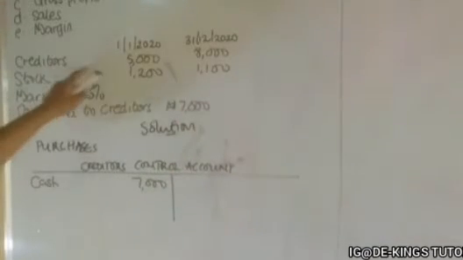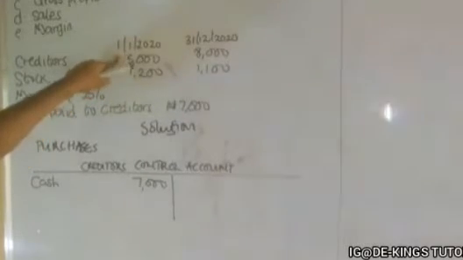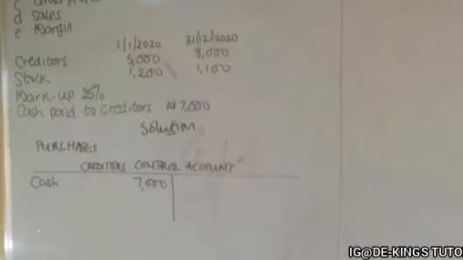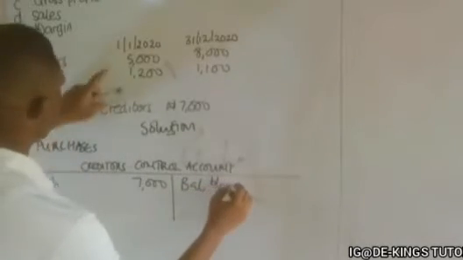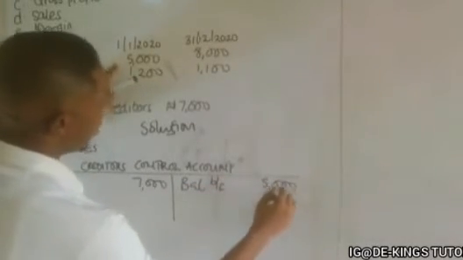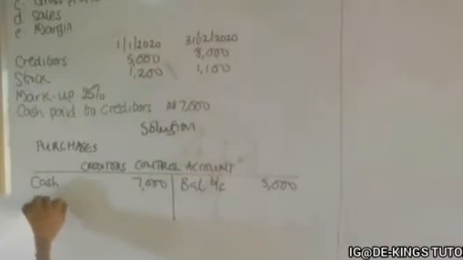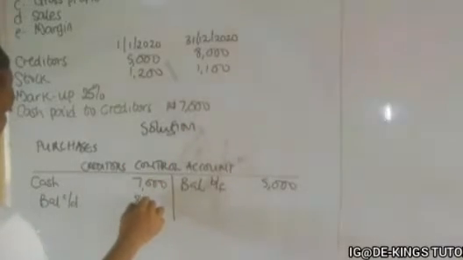Now, as I said while treating the control account, the creditors have a credit balance. So the opening balance for the creditors, as balance brought forward, is 5,000, while the closing balance, balance carried down, is 8,000.